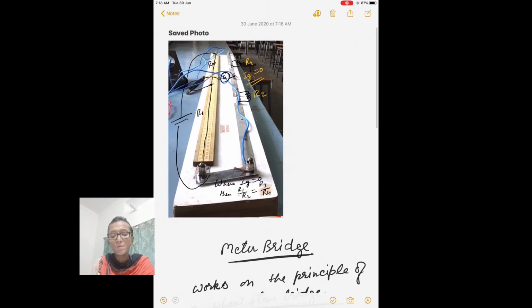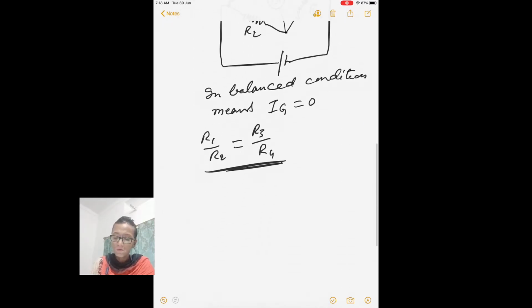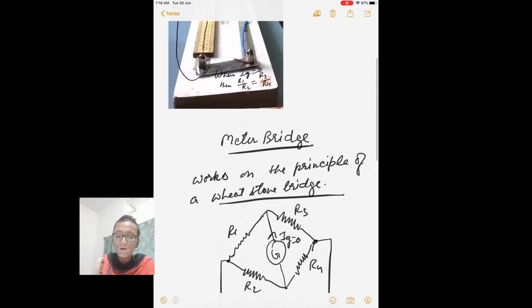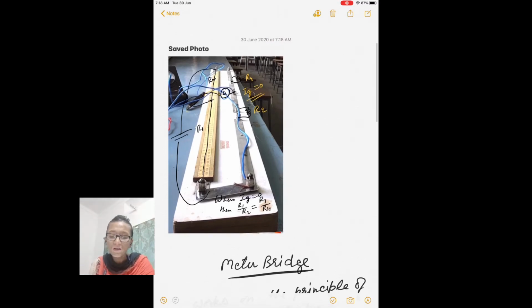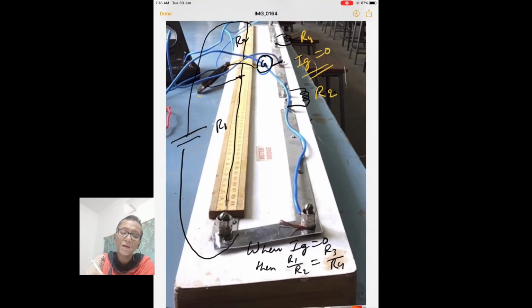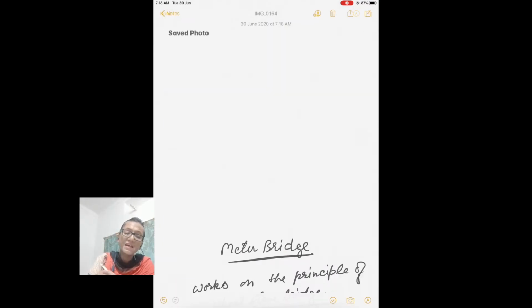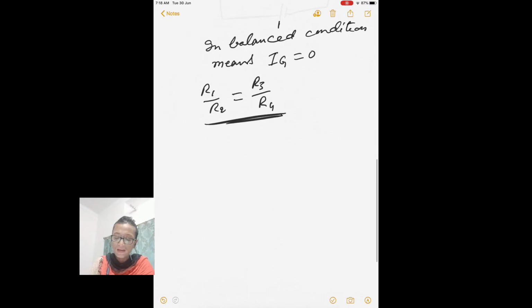Now how will you obtain R1 and R2? This is your R3. Now the next thing is to find the values of R1 and R3.